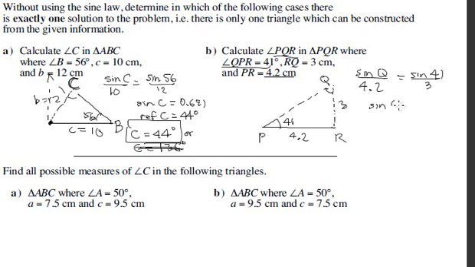Solve that, and you get sine Q equals 4.2 times the sine of 41 divided by 3. Sine Q is 0.918, which means our reference angle is, according to this, 67 degrees. That would be Q ref, the reference angle for angle Q.